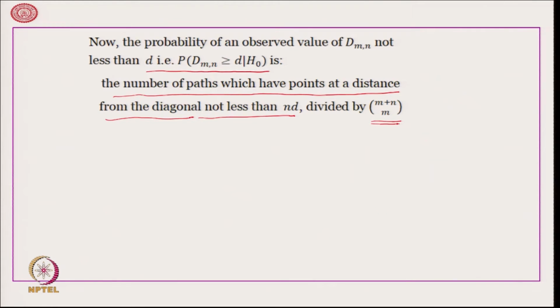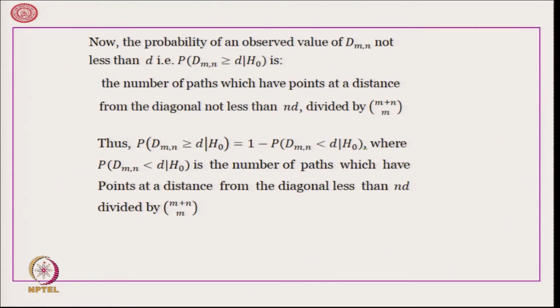Now, we write it in a slightly different way. What I do is the following: probability D_mn ≥ d is equal to 1 minus the probability D_mn < d under H0, where D_mn < d is the number of paths which have points at a distance from the diagonal less than n d, and of course, that will be divided by (m+n) C m.